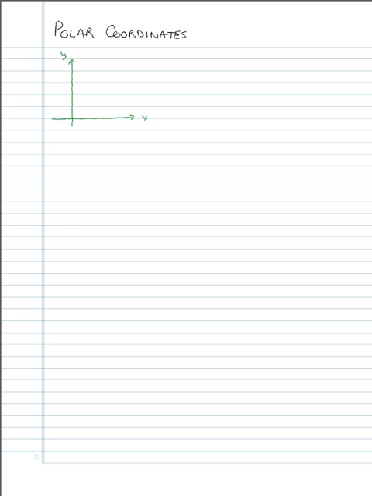The polar axis is a horizontal line from the pole. That positions the pole, and this whole axis, which is horizontal, is called the polar axis. Of course, we understand that this position we call the origin when we're talking about rectangular coordinates.